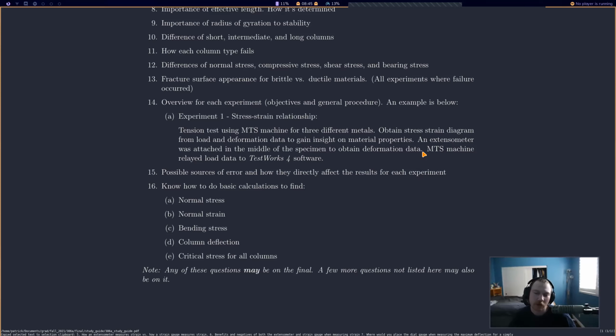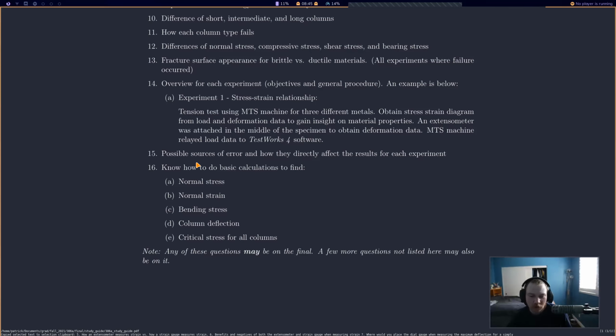And from that, we could find the UTS, and we could find the stiffness for the material. We could look at the yield point or the yield strength for each material. And one of the ways to obtain all this data, we had the extensometer that was attached in the middle of the specimen, and that was to get our deformation data.